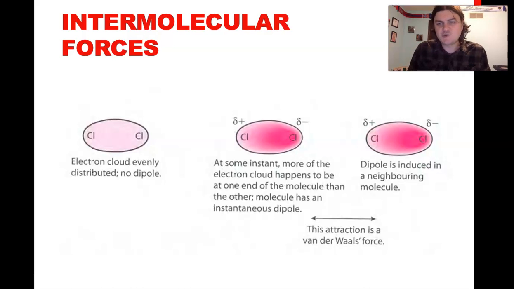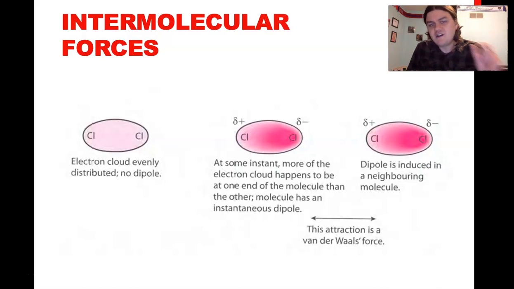If you look at the central molecule on this slide, there's a partial positive charge on the left side and a partial negative charge on the right side. The coloration in the molecule indicates this as well. Where there's a darker pink, there's a higher concentration of electrons. So this central molecule has a temporary, instantaneous dipole, and it happens simply due to random electron movement.